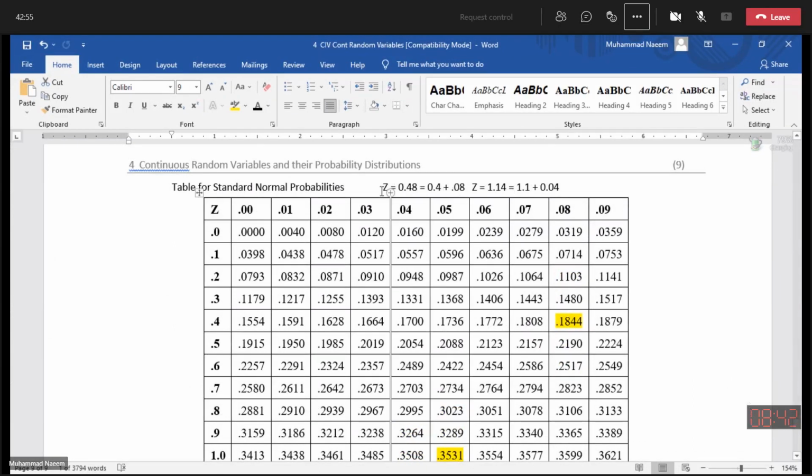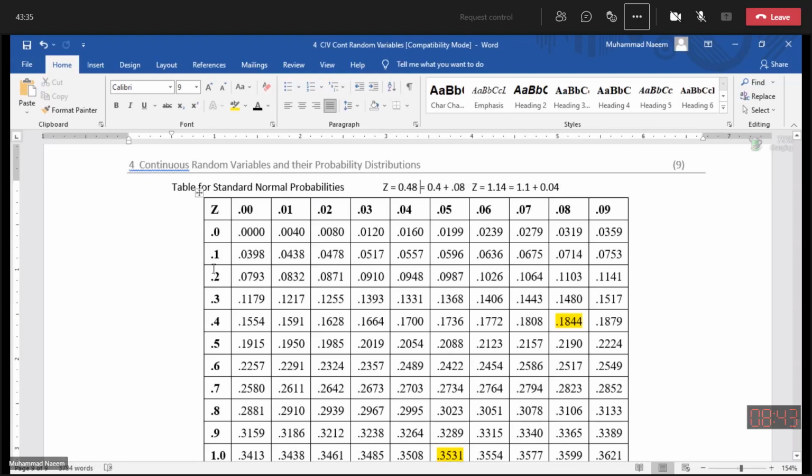We have a converted point z equal to 0.48. How to find the area corresponding to this point? Up to the first decimal, separate the point. Up to the first decimal we have 0.4, and the second decimal is 0.08. If we add them, again we will get 0.48.